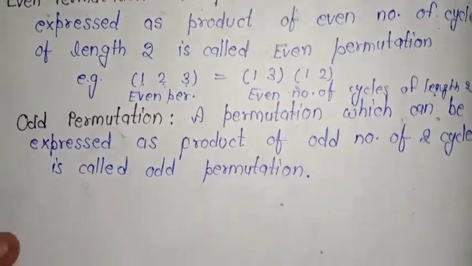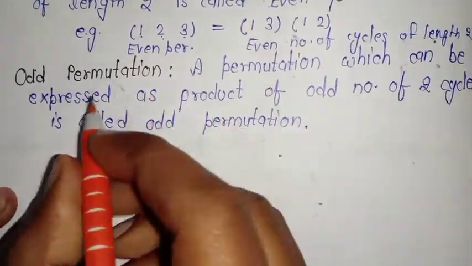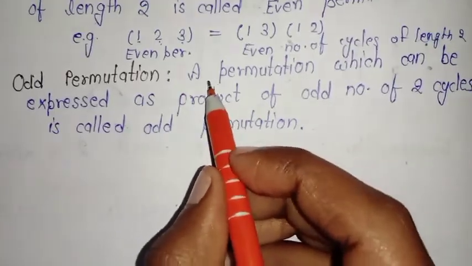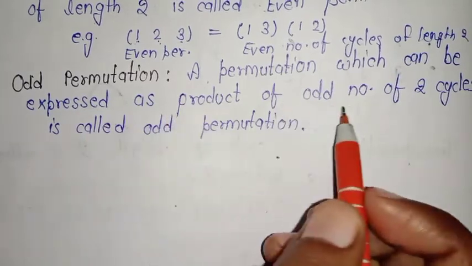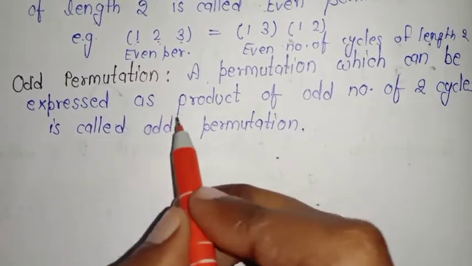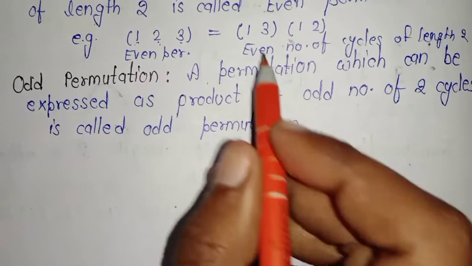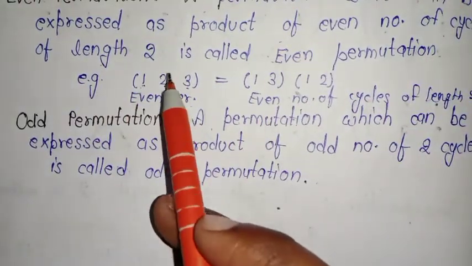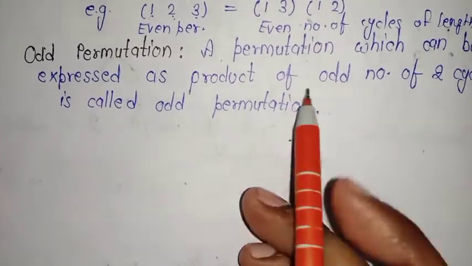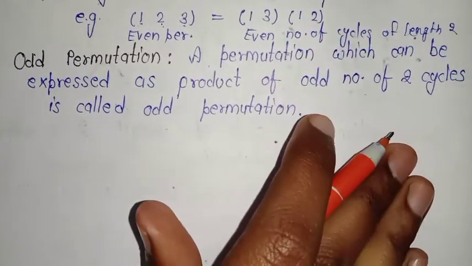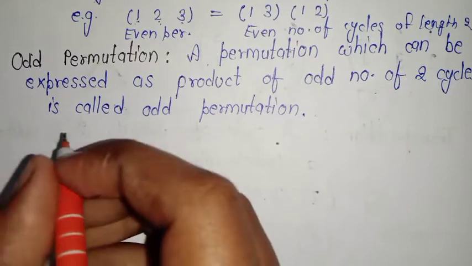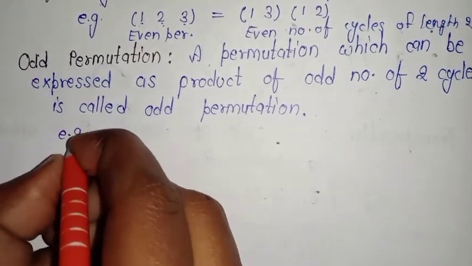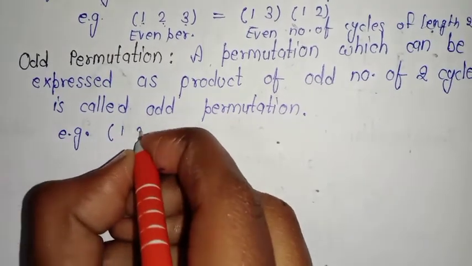Now if we talk about odd permutation, the definition is similar to the even permutation, that is a permutation which can be expressed as the product of an odd number of 2-cycles. In the case of even, we take an even number of transpositions, and in the case of odd permutations we take an odd number of transpositions as the product of any given permutation. If it is possible, then that is called an odd permutation. So I am taking one permutation, (1, 2, 3, 4).